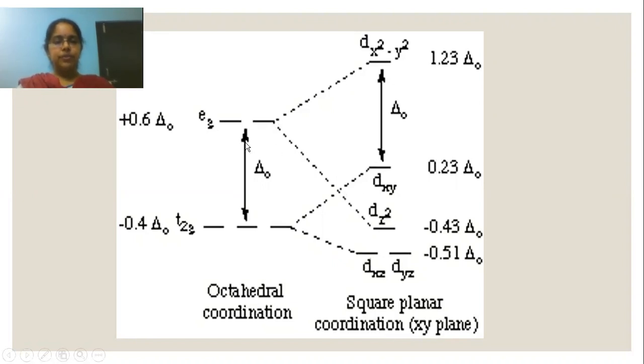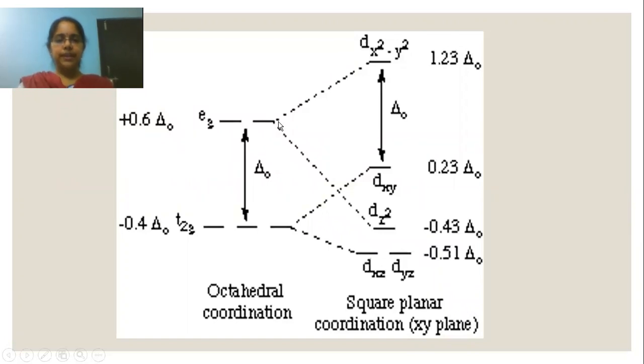In the square planar geometry, the eg set will again split into 2 sets of different energies, and the degenerate t2g set will also split into 2 sets of different energies.